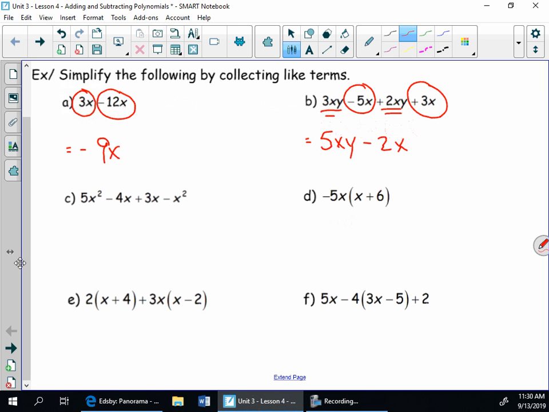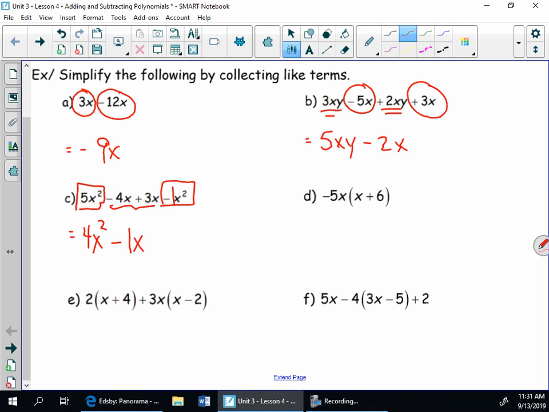Try the next one. 5x squared minus x squared. Well, that's actually a 1 we know, and 5 minus 1 makes 4x squareds. Those are different from these terms because they have x only, no squared. Negative 4x plus 3x, that's negative 1x.